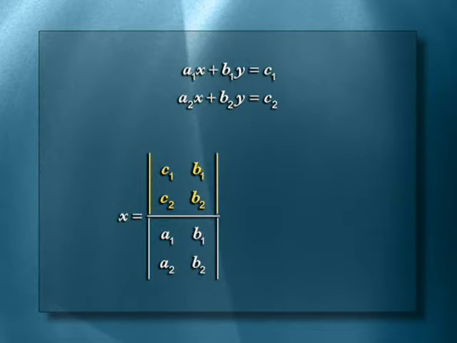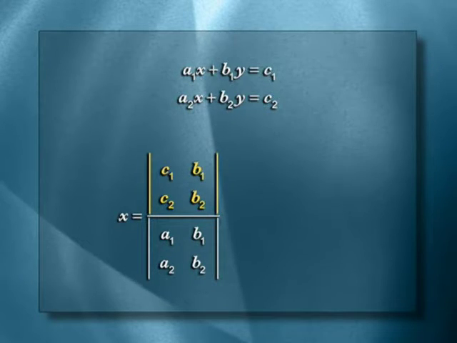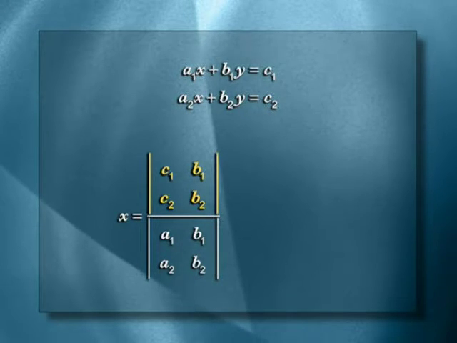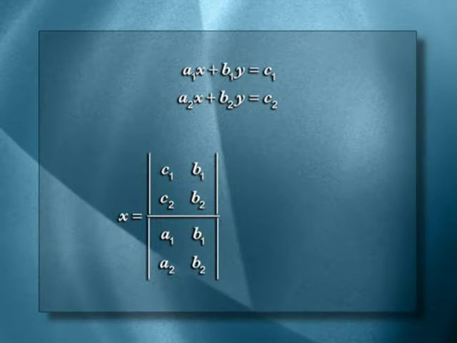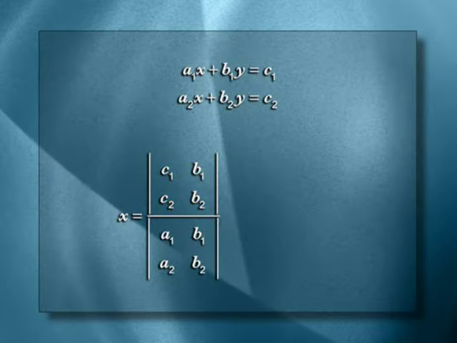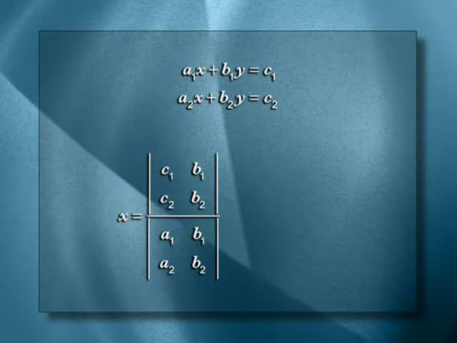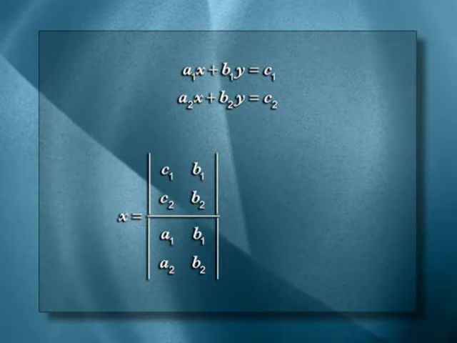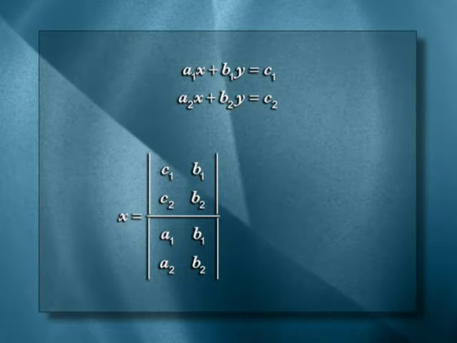Well, the numerator is almost the same thing, except because you're finding x, the first variable, you replace the first column, which used to be a1, a2, with the right-hand side, c1, c2. So the first column is c1, c2, the second column is b1, b2. That's the value of x. It's a determinant divided by another determinant. Bingo, an explicit formula for x.